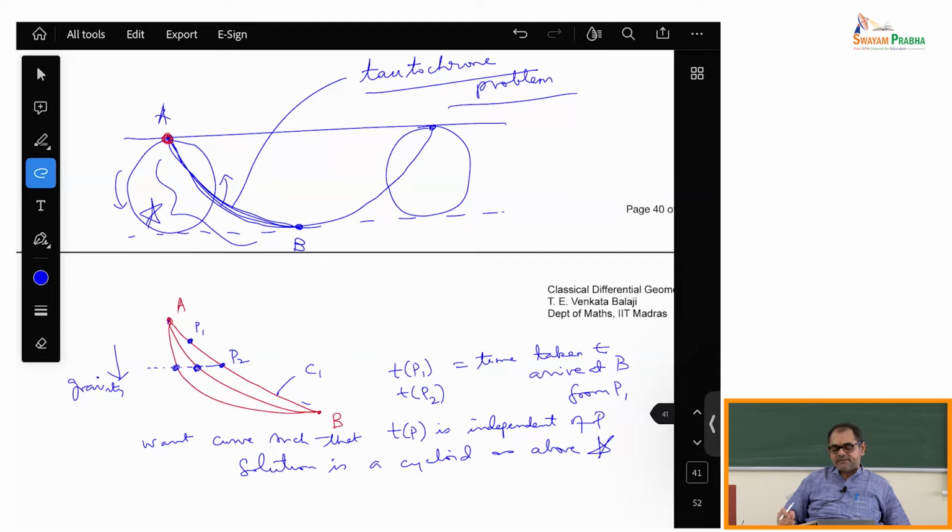But what is important is that this cycloid is the solution to the tautochrone problem. The word tautochrone means: tauto means same or equal, and chrone is of course time. Chronos is time.